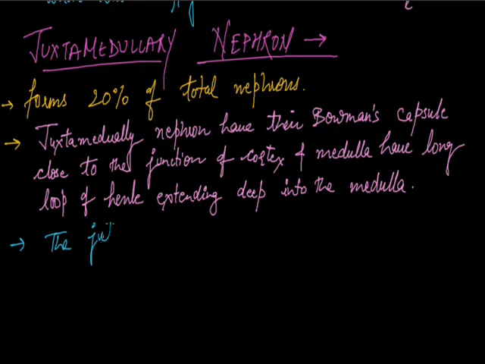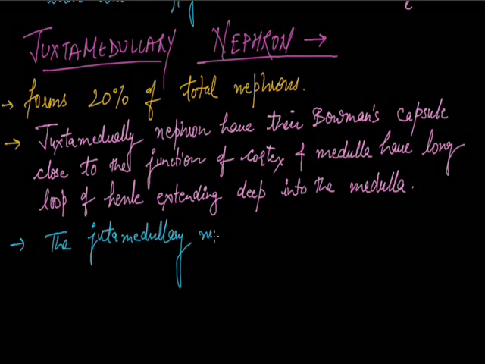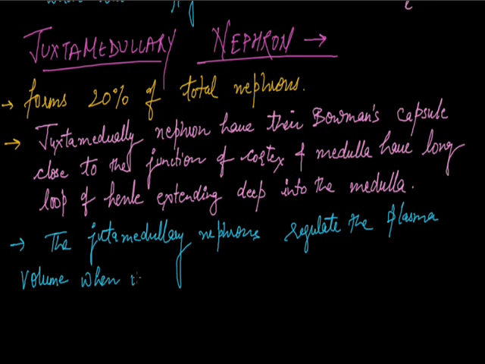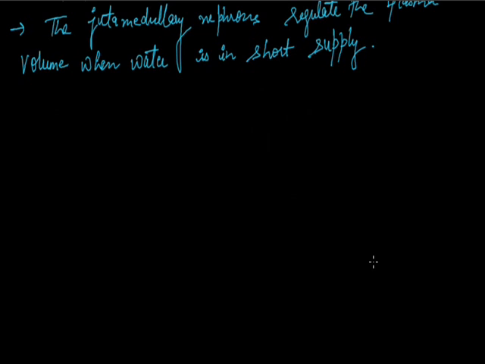The juxtamedullary nephrons regulate the plasma volume when water supply is short. So it is mainly present in the animals which are present in the water depleted areas.